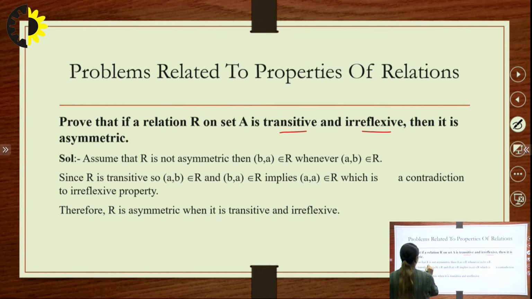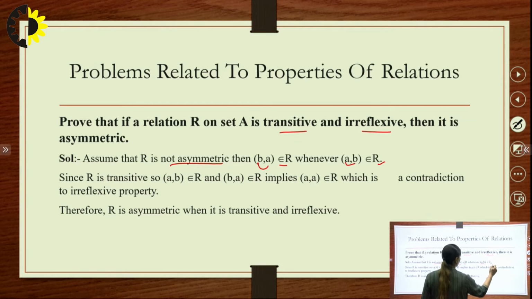Now assume that R is not asymmetric, right? Then (B, A) belongs to R whenever (A, B) belongs to R. We have to prove it is asymmetric, so we assume that it is not asymmetric.